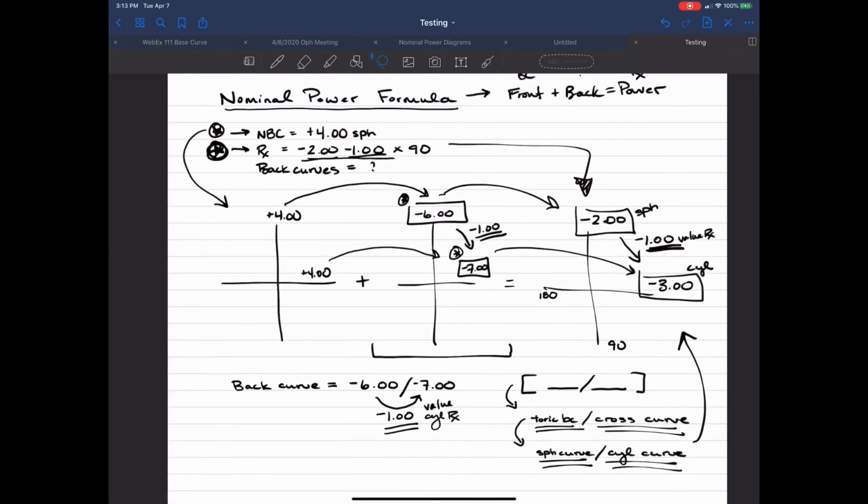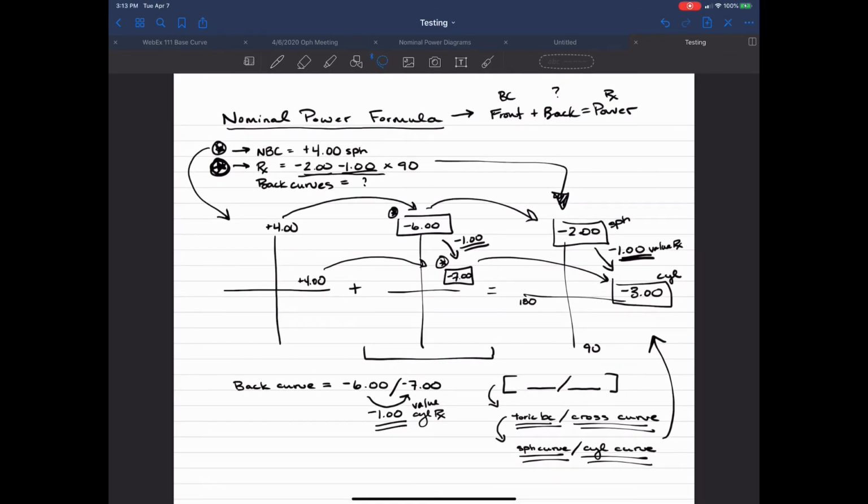All right, so for any questions like number 7, this is how you're going to do them. You'll sit down and write out what you're given, which is the front curve and the RX, and then you're going to be solving for the back curves. That's this guy in the center.